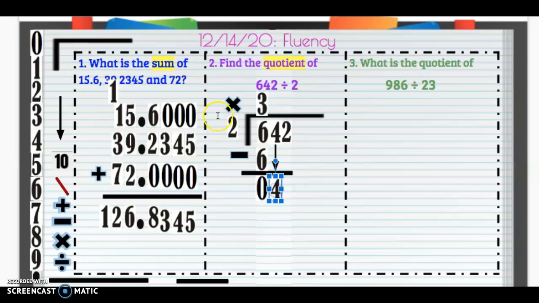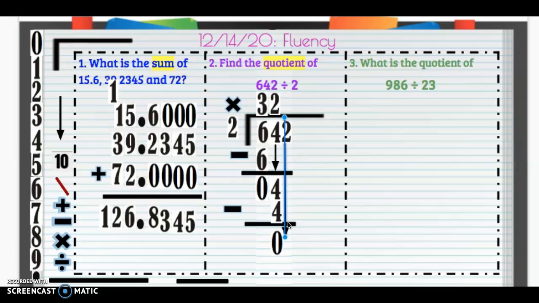Alright? So now I got to ask myself, how many times does 2 go into 4? 2, 4. That's 2 times. And then I subtract. 4 minus 4 is 0. And then I have to bring down the 2.